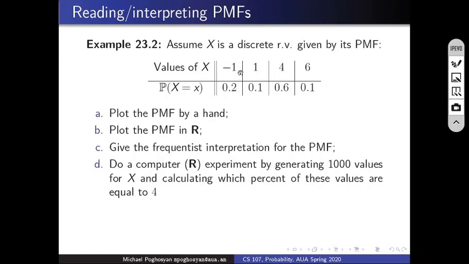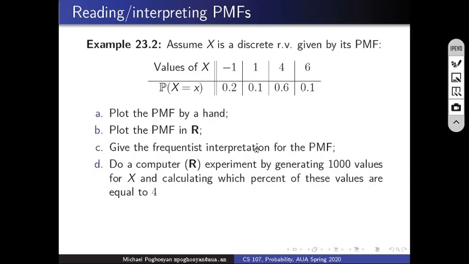Then we will have -1s. Sometimes we will have 1 or 6. So the idea is the following. If we have a lot of generations of values of X, a lot of experiments, repeated again and again, then we will have around 60% of times 4, 10% of times 6, 10% of times 1, and 20% of times -1.